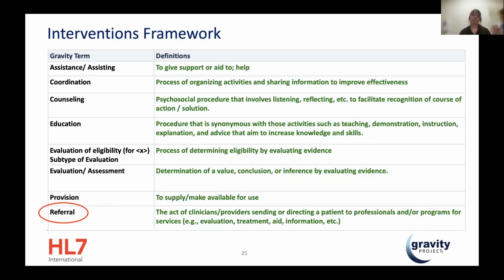So assistance, coordination, counseling, education, evaluation of eligibility, which is critical for US programs like food stamps or Section 8 housing waivers, evaluation assessment, provision, which is when you're directly giving something to somebody, and referral. So all of these terms, you'll see them marry in syntax in a few minutes.